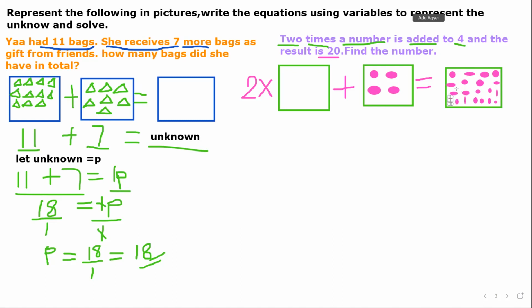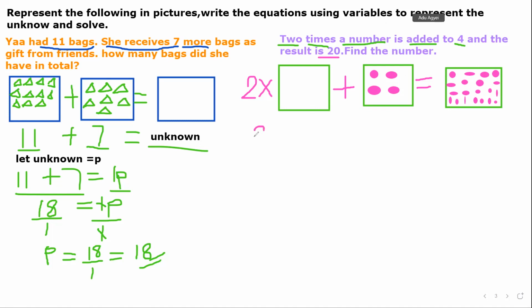Okay, so it's 20. Yeah, it's 20. Good. Now let's translate this one into numbers.